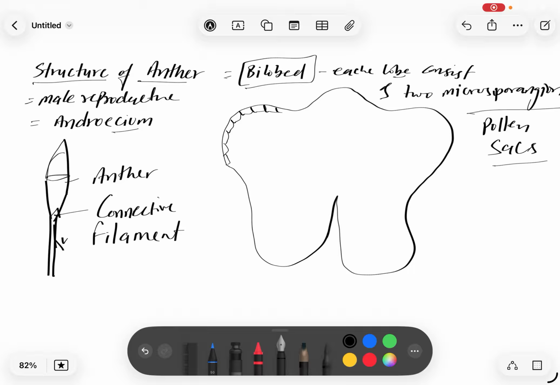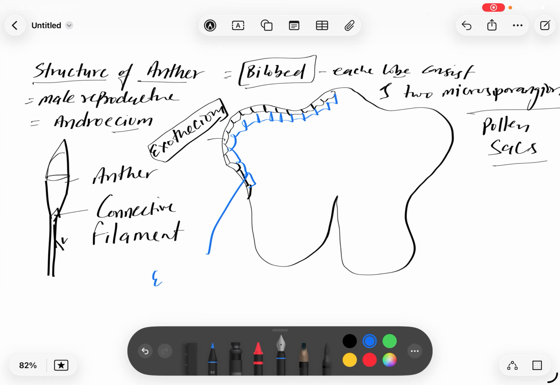The TS of anther shows that it has an outermost layer, which is known as exothecium. Just inside this exothecium, another layer of tissue is present, which is known as endothecium.